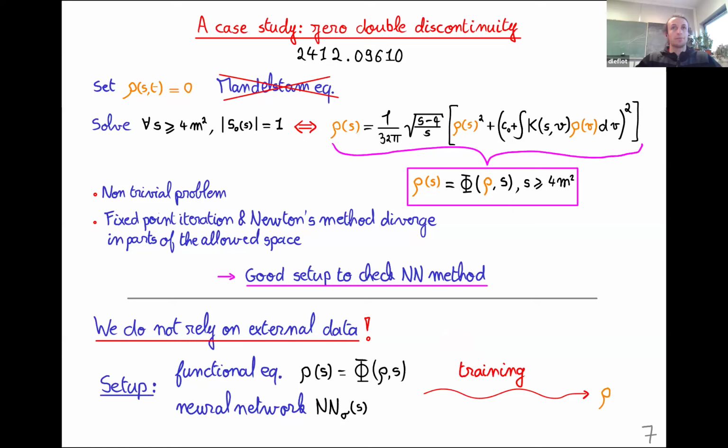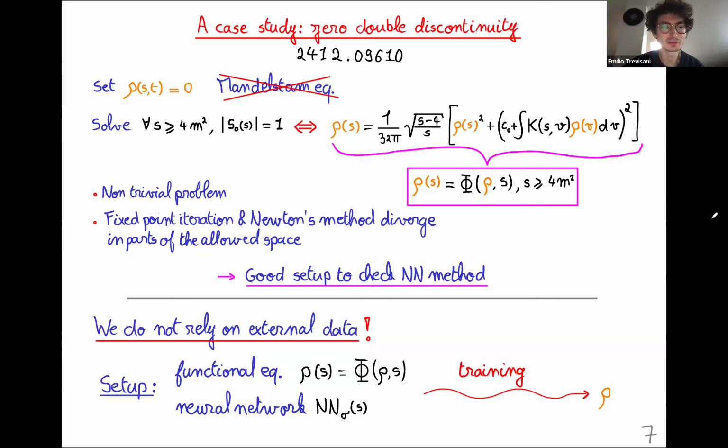It's basically the same problem, equivalent to the 2D problem. We did that, it worked, and we were able to access a solution with only one CDD pole, where the fixed point and Newton methods were failing again.